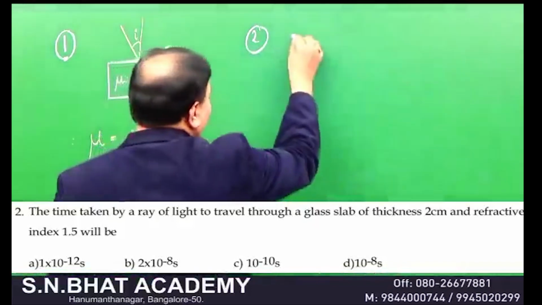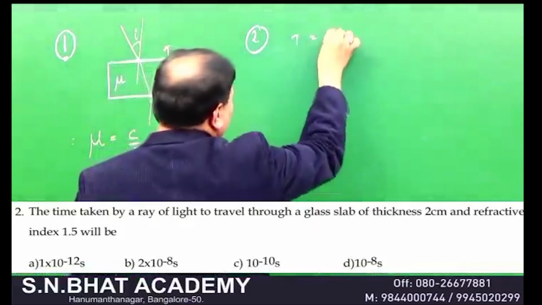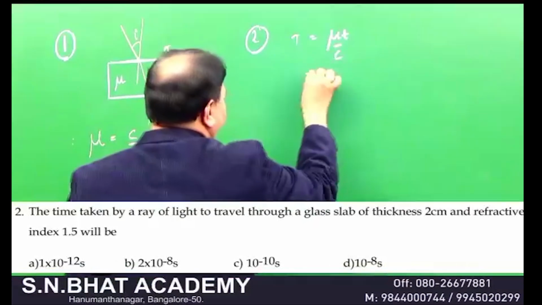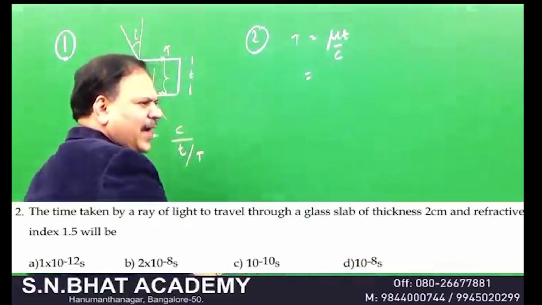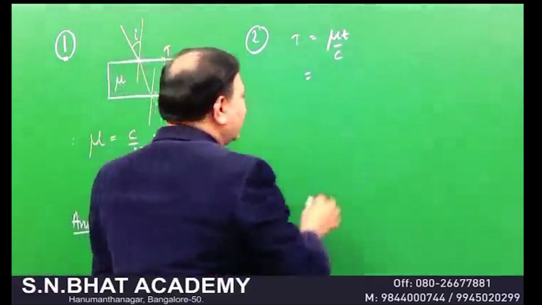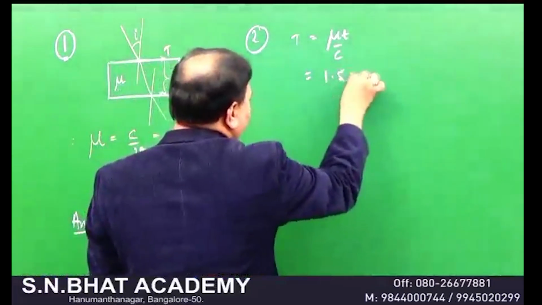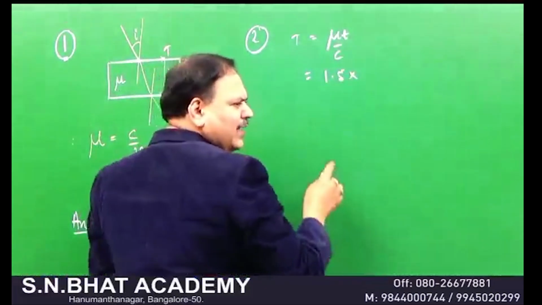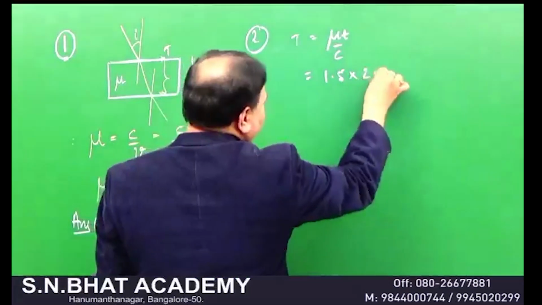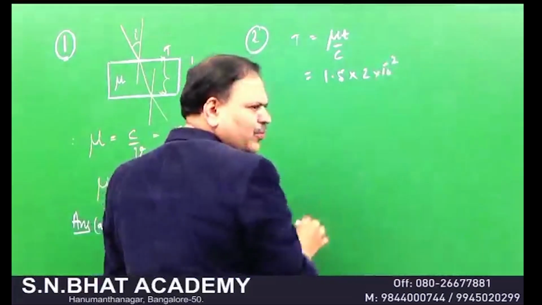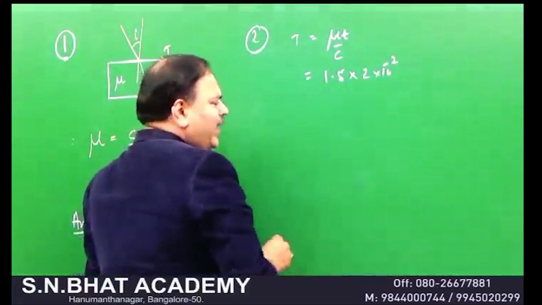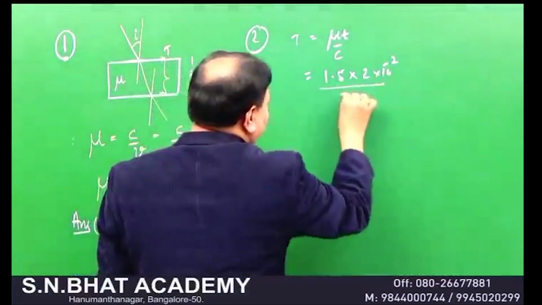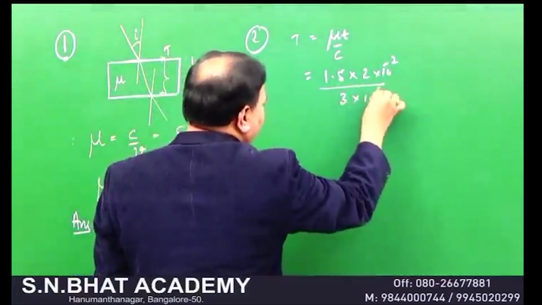The formula is the same, it is mu t by c. He has said calculate the time taken, the refractive index is 1.5 and the thickness is 2 centimeter, that is 2 into 10 to the power of minus 2, and the velocity of light is 3 into 10 to the power of 8.